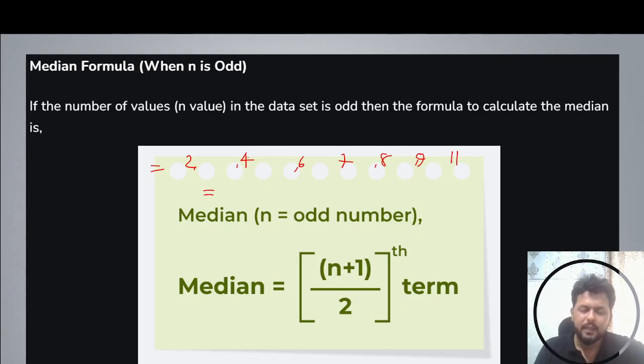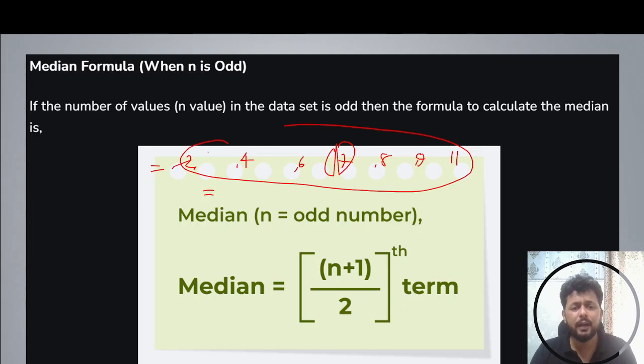Then we find the midterm. The formula is n plus 1 by 2, where n is the number of data. How many data do we have? 1, 2, 3, 4, 5, 6, 7. Seven plus 1 is 8, by 2. So that means the fourth term of the data is your mid value.